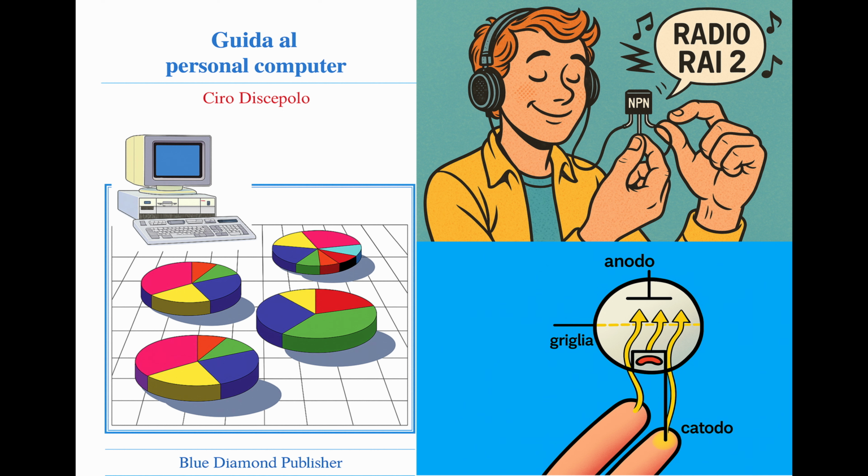The thing can be explained quite simply. I had noticed that if I used any transistor of that era and connected with tweezers the collector and the emitter to the two plugs of a pair of headphones, and then with 2 fingers of my hand I squeezed the third pole of the transistor, the base, I listened to the broadcasts of Radio RAI-2, the most powerful radio signal at the time, in the headphones.